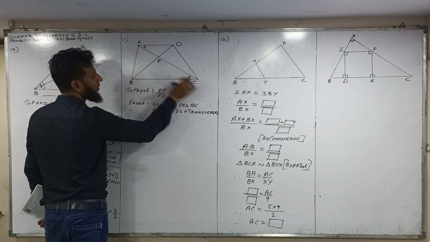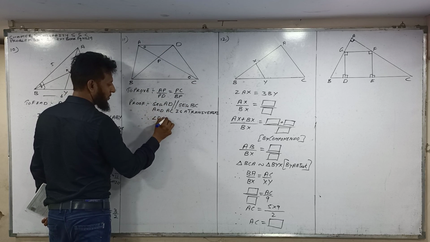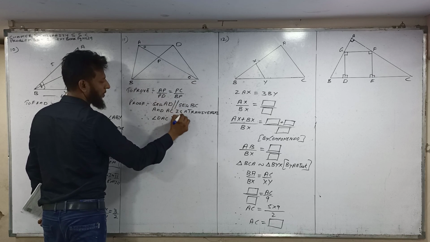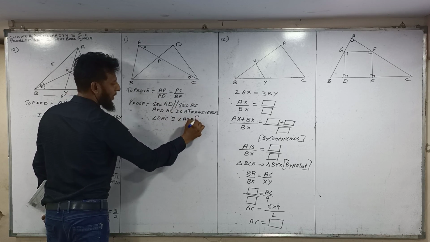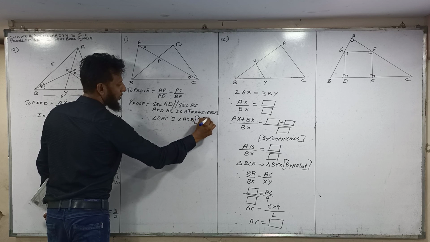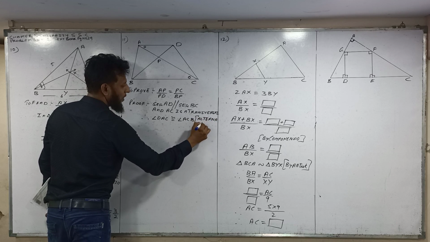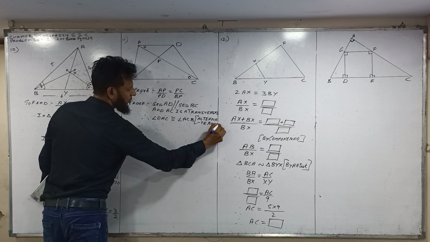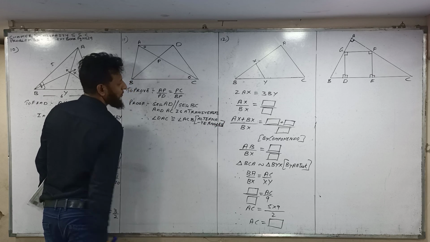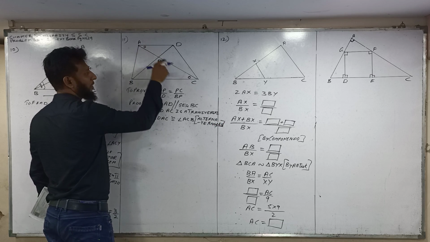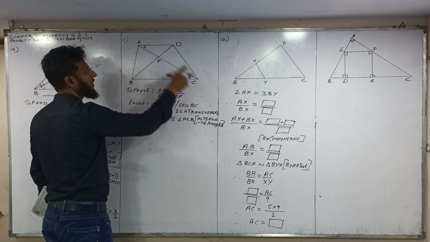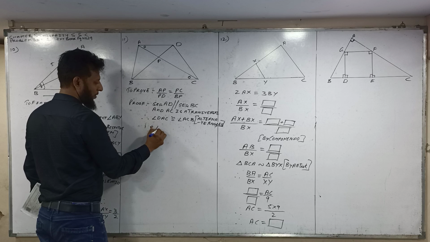Therefore angle DAC is congruent to angle ACB, alternate angles. For DAC we can write DAP.